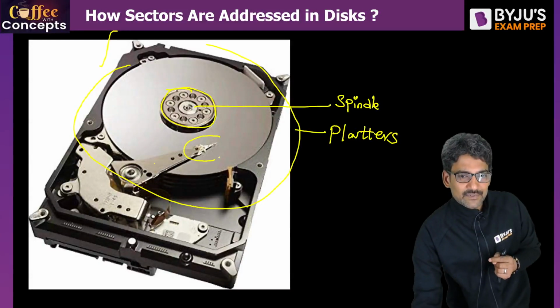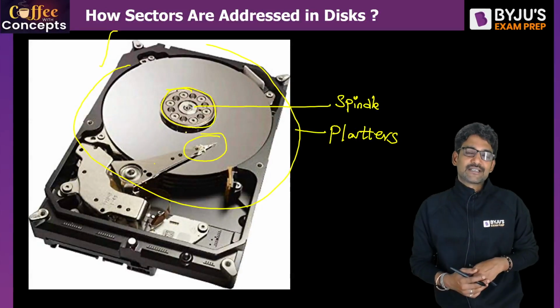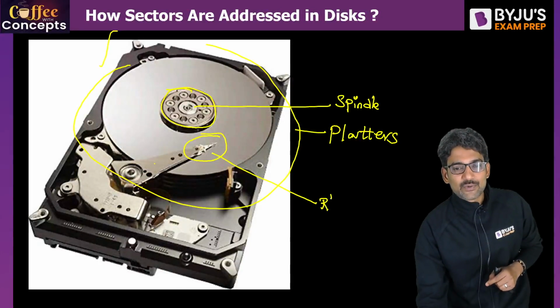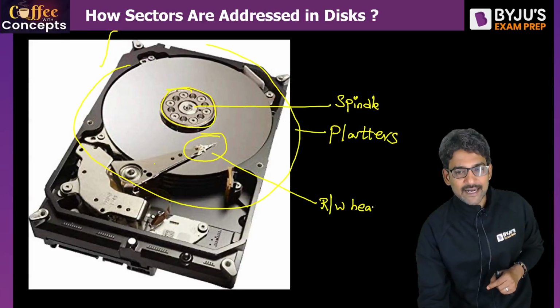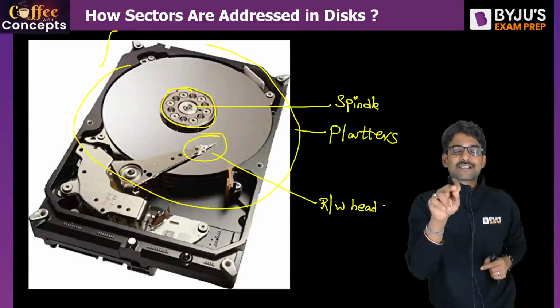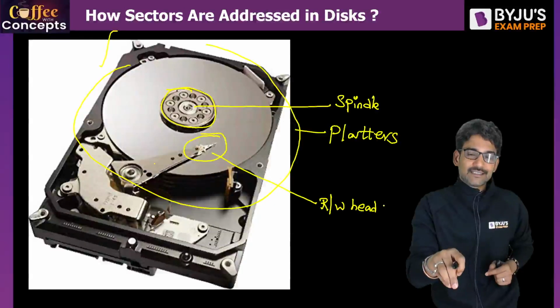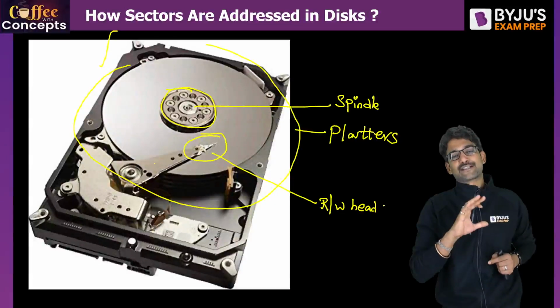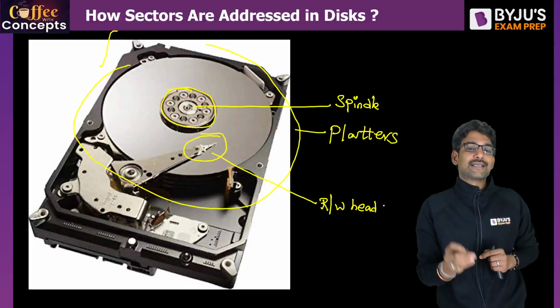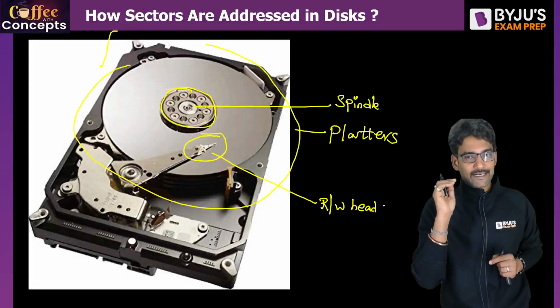And if you see, this platter is attached with some sharp object. This is what you call the read write head, because through this sectors are written, sectors are accessed, read from the disk. That's why we call it the read write head.